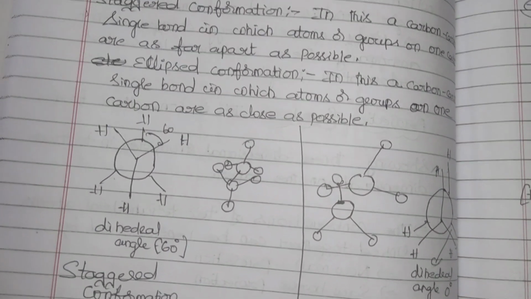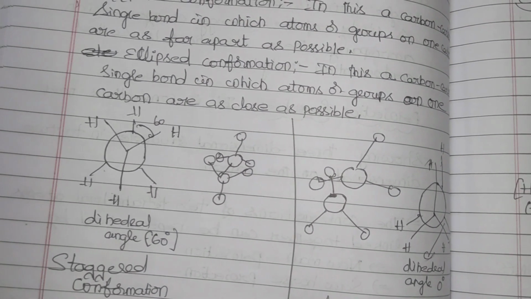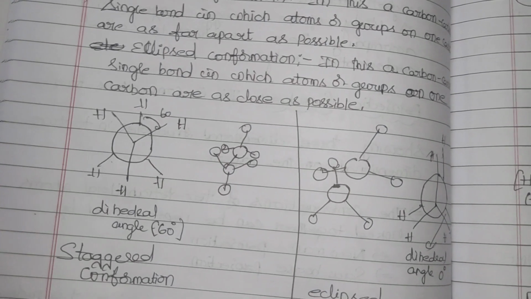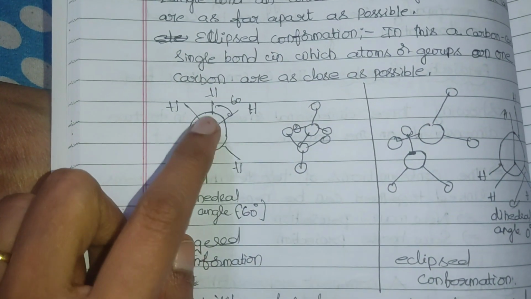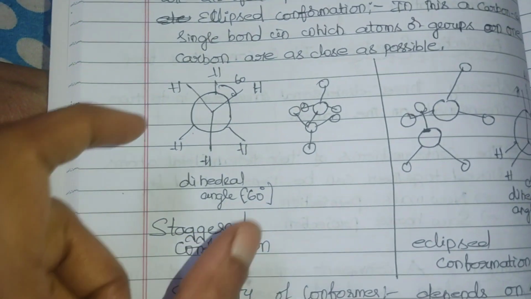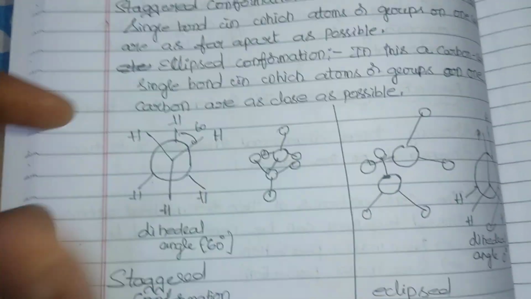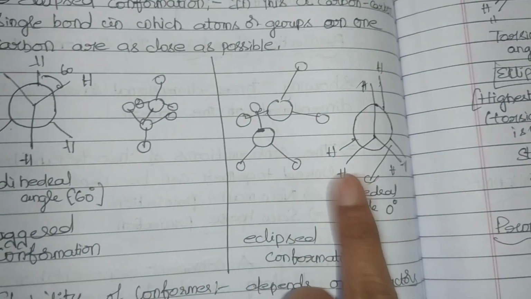So they will be very far apart. In eclipsed conformation, about the same carbon-carbon single bond, they are as close as possible. We can see here the staggered conformation, and the dihedral angle is 60 degrees, so they are far. But in eclipsed conformation, we can see they are very near.